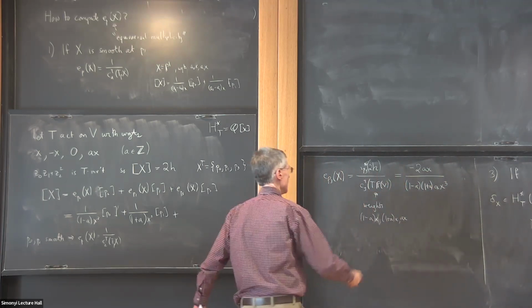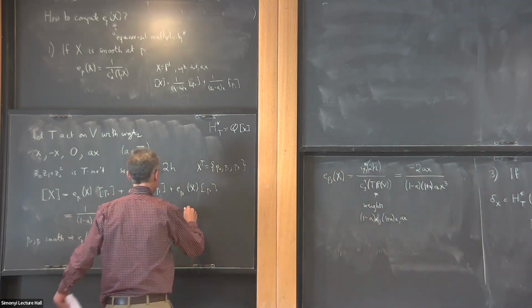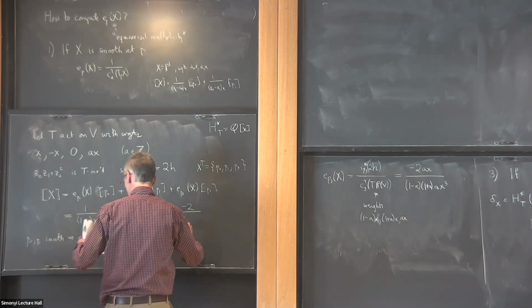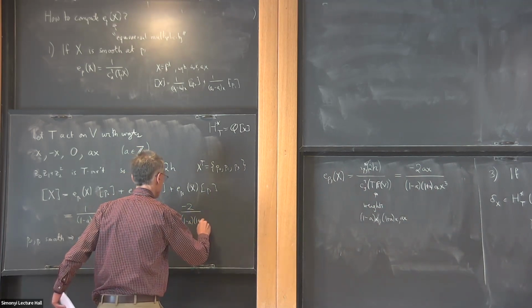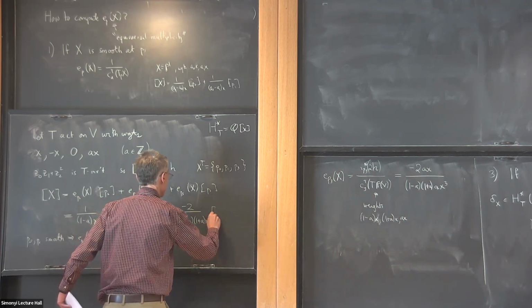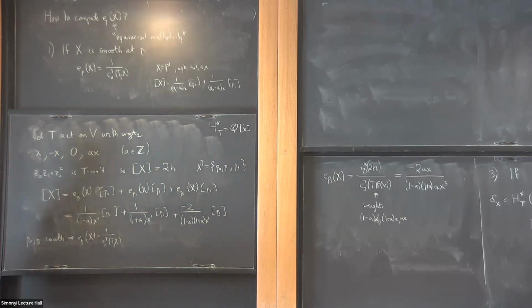Of course this simplifies a little, and what I get here is minus 2 over (1 minus a)(1 plus a)x squared times the class of P3. So when you write H, you mean c1^T of O(1)? Yes, natural linearization. Yes, that's right.